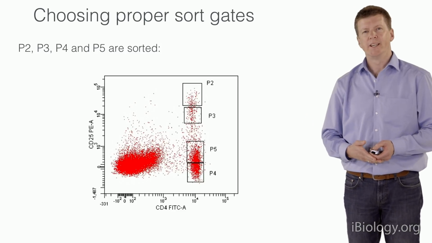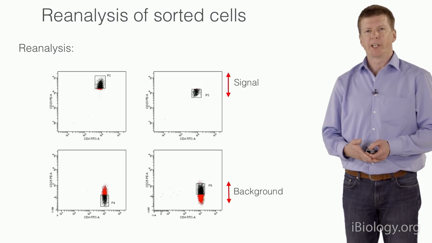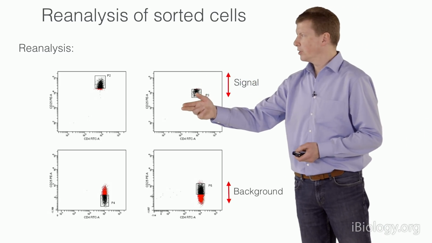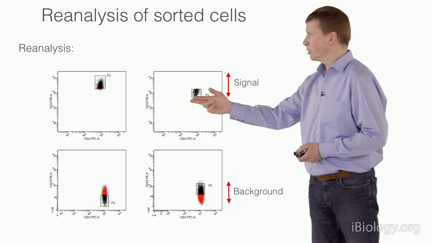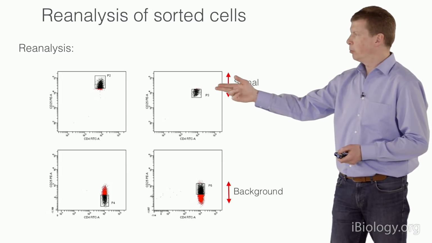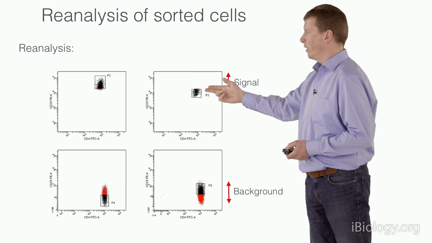If we now have a look at the reanalysis after sorting, we can clearly see that with the CD4, CD25 double positive cells we are getting a good signal, and therefore we are able to separate P2 and P3 very nicely.